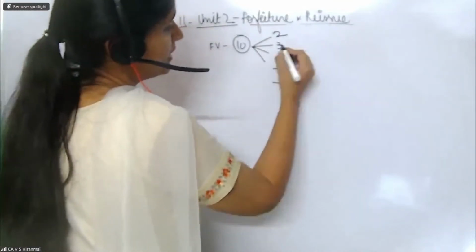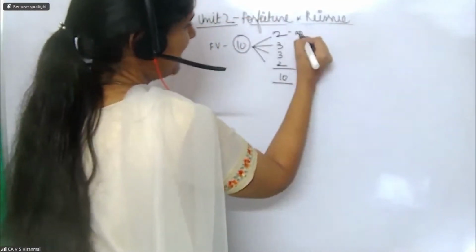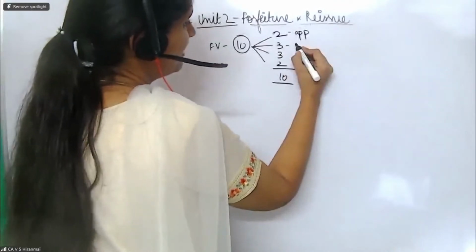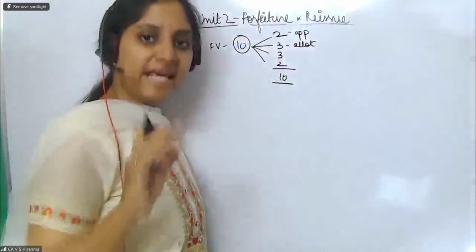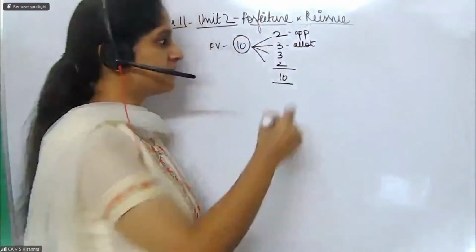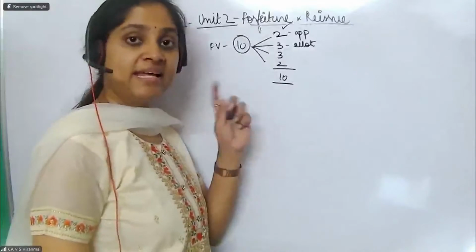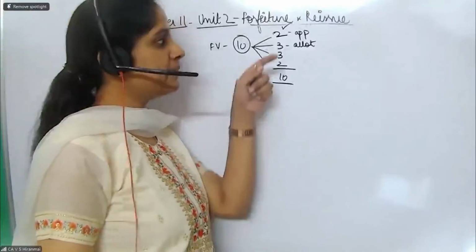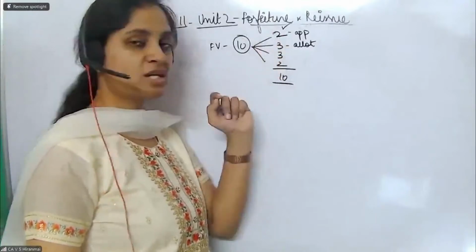The remaining will be the balancing figure. How did I get to know this? Very easy. When I was reading the question, I found that Mr. A paid the application money of 2. From that information, I got application is 2. Then I came to B. In B, he paid application and allotment of 3. So application 2 rupees, 3 rupees allotment also he paid.